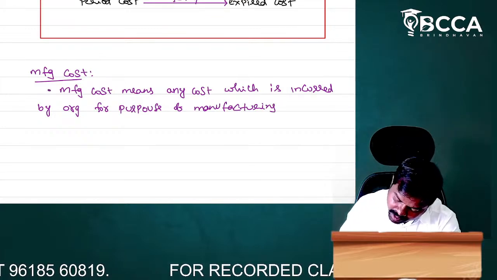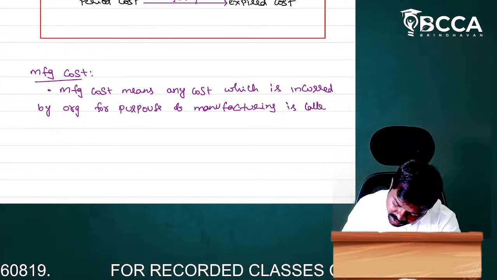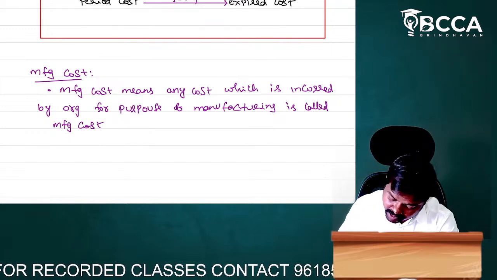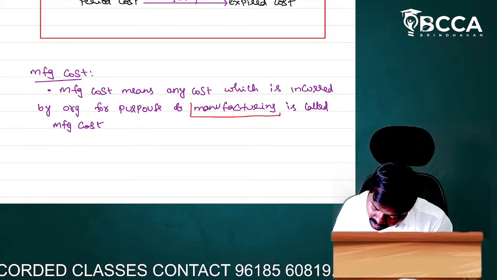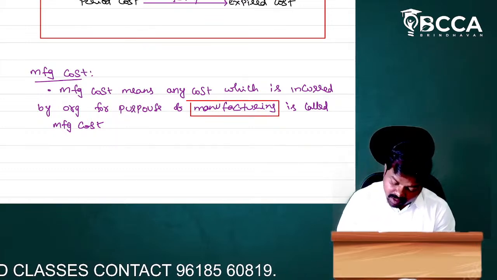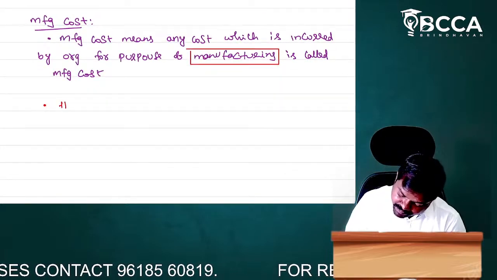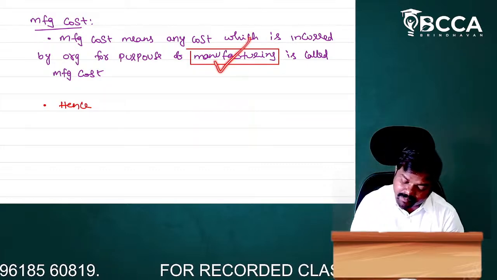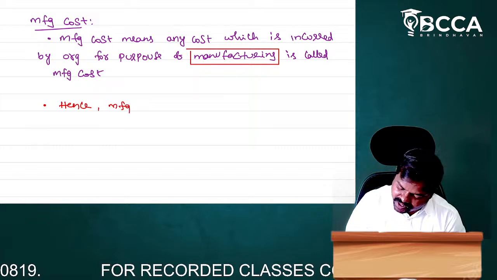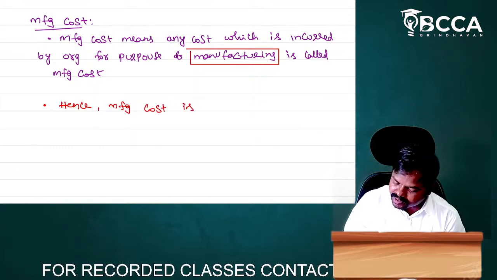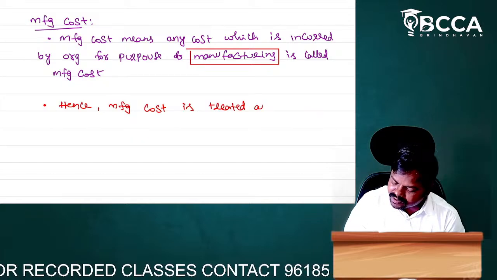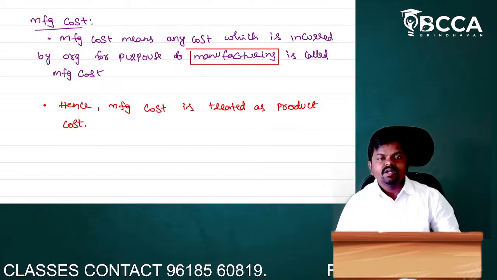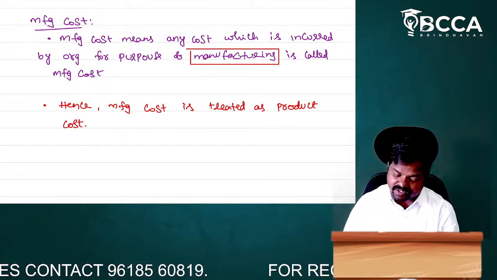If you observe properly, it clearly says it is incurred for manufacturing. Hence, manufacturing cost is treated as product cost. This is the terminology of manufacturing cost.